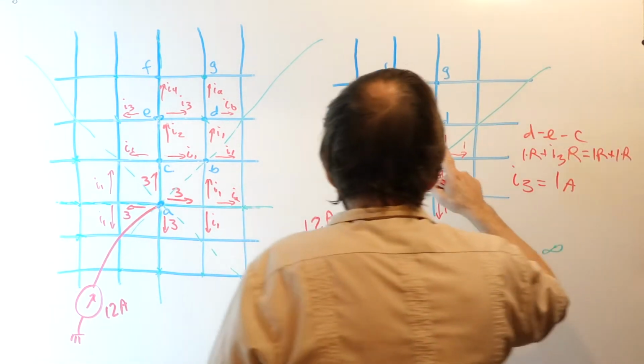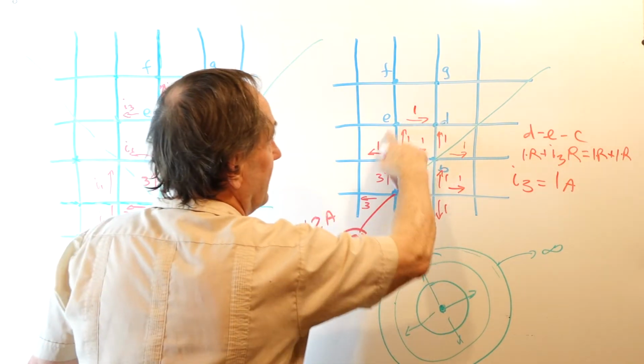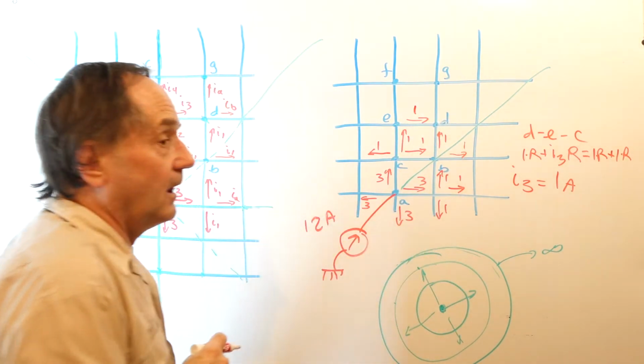So our I1 now has to be 1 ampere to satisfy Kirchhoff's voltage law on that grid.